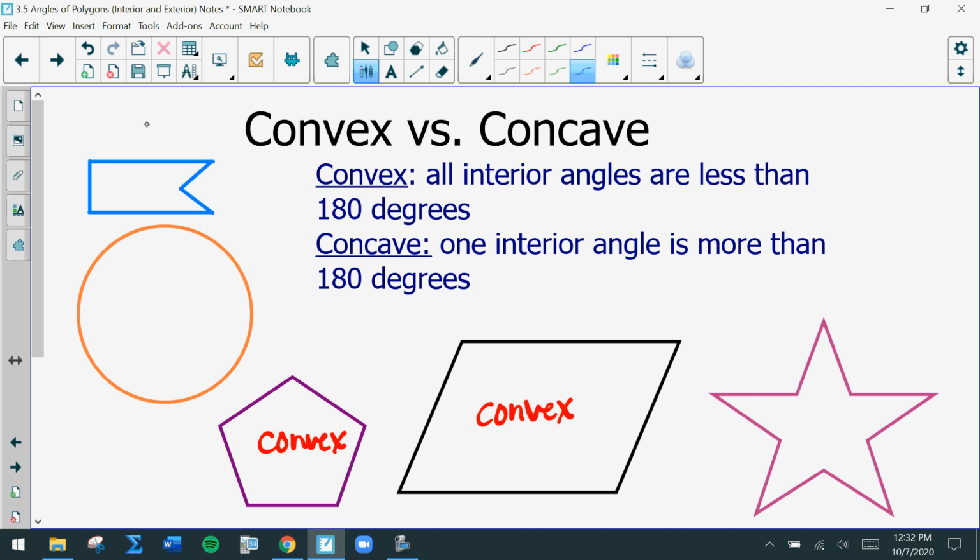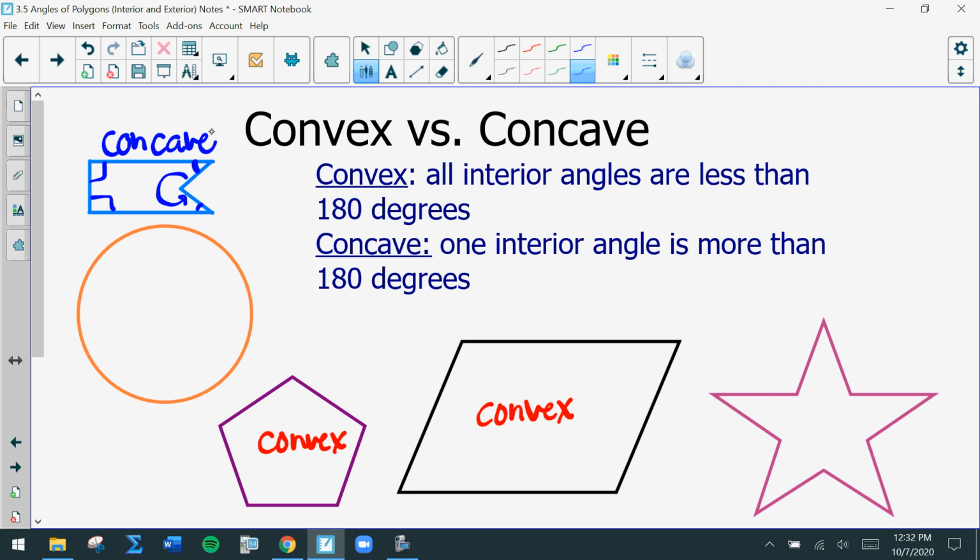Looking at the blue figure on the top left of the page, we have a right angle here and a right angle there, and an acute angle here and an acute angle there. But we also have this other angle, which is bigger than 180 degrees. That's an interior angle, it's inside of the figure, and it's more than 180 degrees, so this is concave.